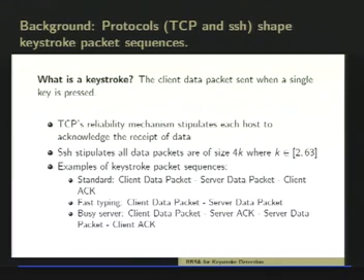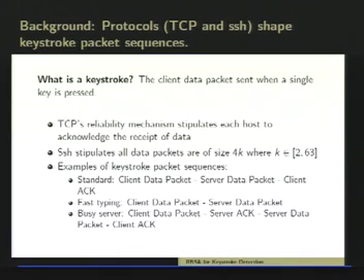For an example here, a standard keystroke packet sequence would begin with a client data packet that contains the data of that particular keystroke. So if you press K, that K will go across to the remote server. In turn, that K has to come back to be displayed on your monitor, so it will be transferred back as a server data packet and displayed.